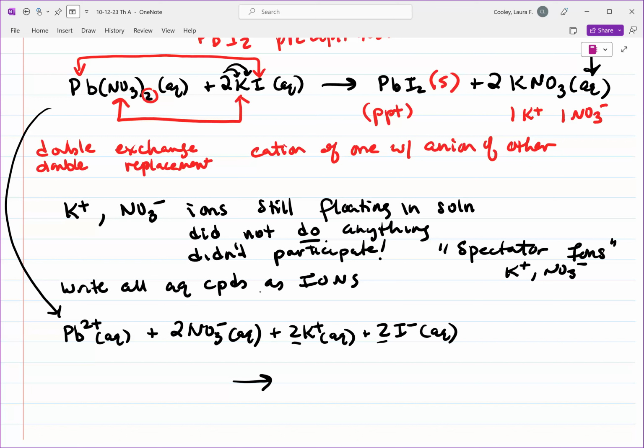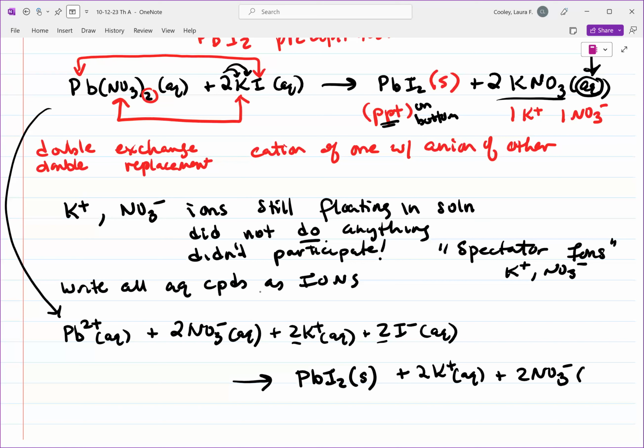Now, can I break PbI2 into ions? No, it's not even in solution. It's sitting on the bottom, right? This is the precipitate on the bottom. So I can't break that up into ions because it doesn't exist as ions in solution. I can break this up because it's aqueous. And now I could do something else.